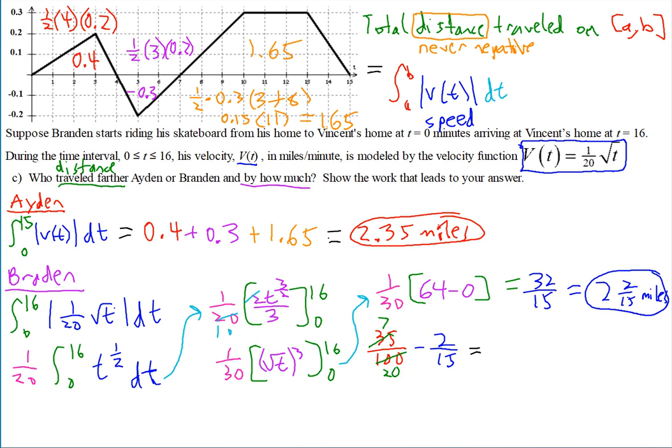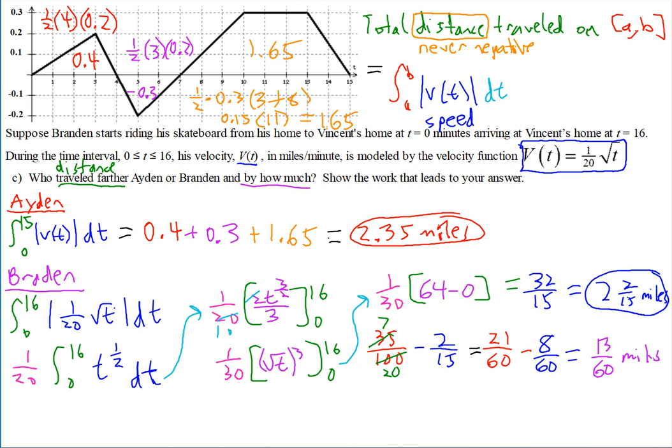So if you multiply this one by 3, you get 21 over 60. Minus, if you multiply this one by 4 to make it 60, you get 8 over 60. Subtract those, and that gives you 13 over 60 miles.